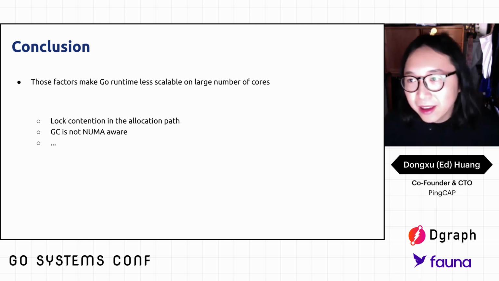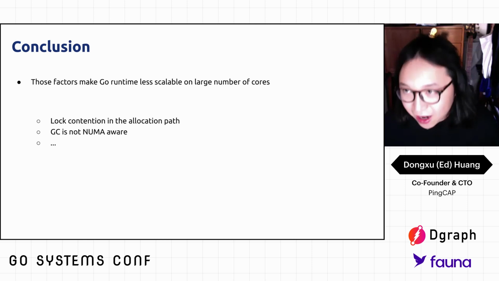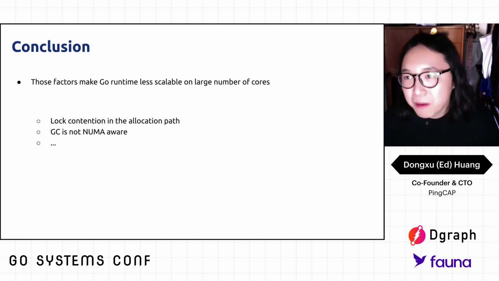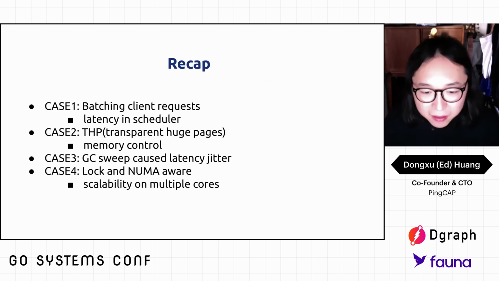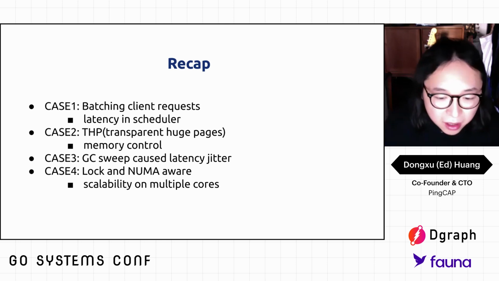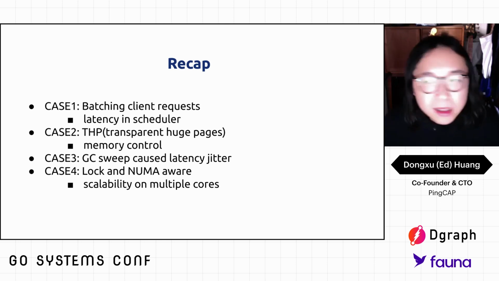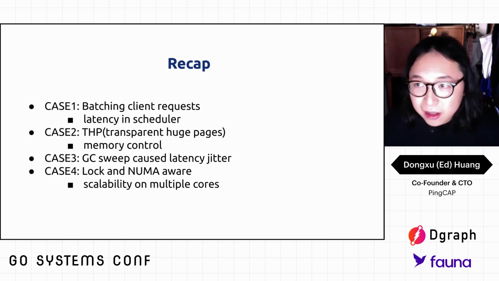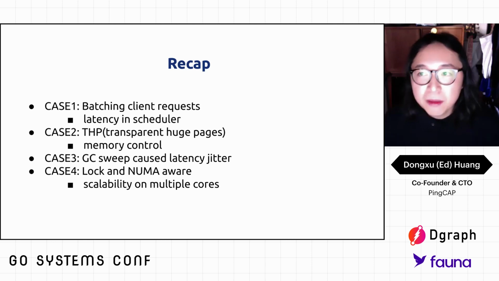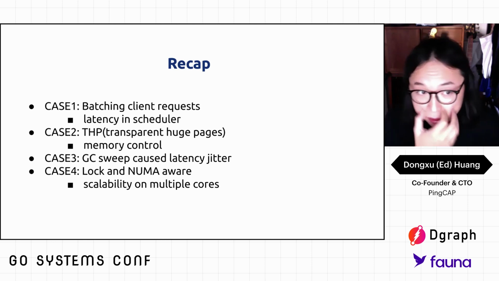The only solution for us for now is to separate the deployment and bind the cores to the process. Okay, this is all I want to share about some cases caused by the Go runtime in our production scenarios.